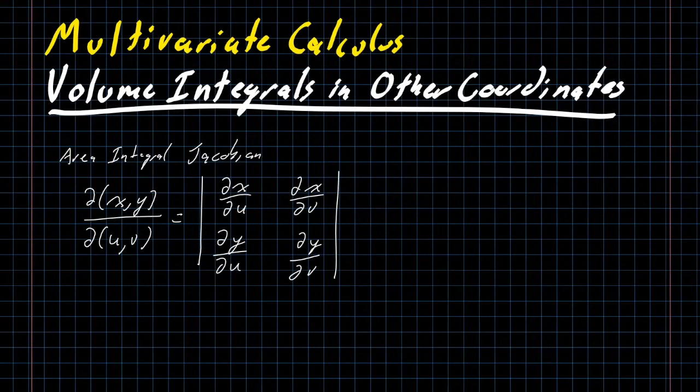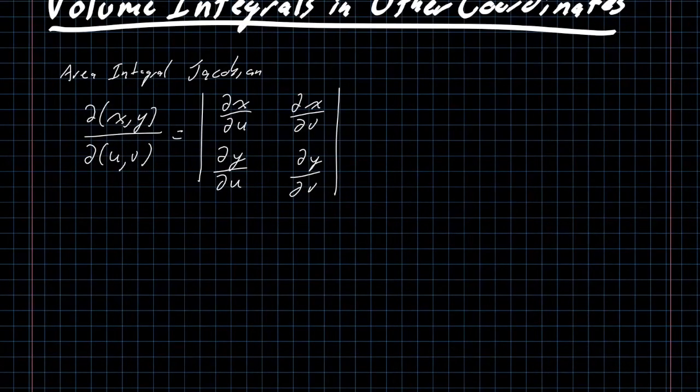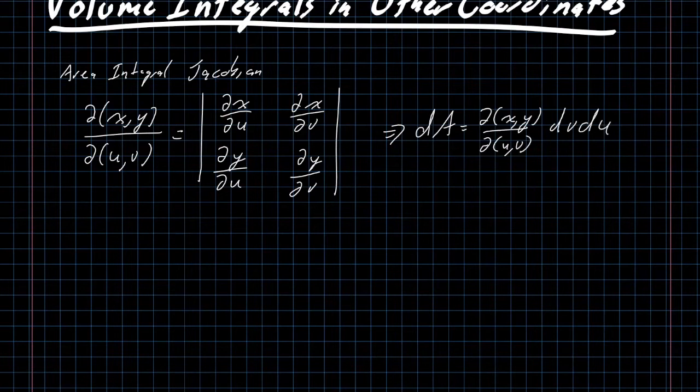And we took that determinant of that 2 by 2 matrix in order to find our change of coordinates so that dA was this Jacobian dv du.